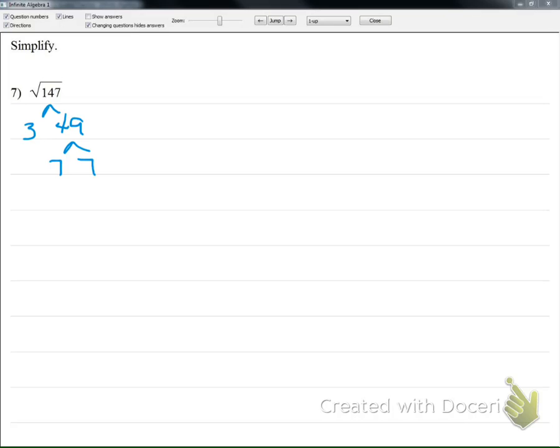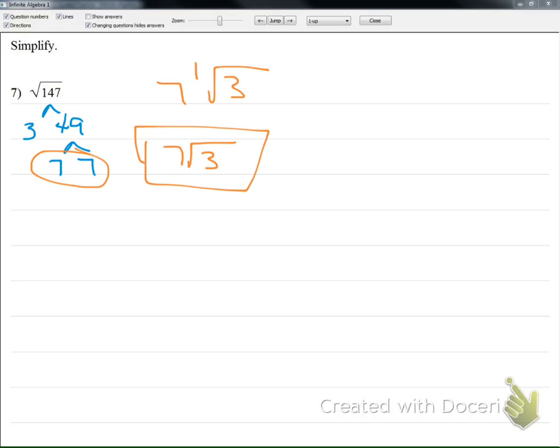Alright, and 7 is prime, so therefore I'm ready to look for my pairs of numbers. I have one pair of the number 7 and a 3 left over that stays inside the radical, so 7 to the first power is just 7, square root of 3. That's your answer. Alright, finish the rest of the guided practice and then check your work and ask if you have any questions if you didn't get the correct answer.